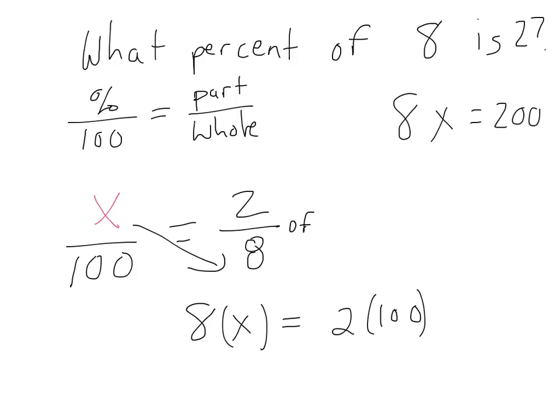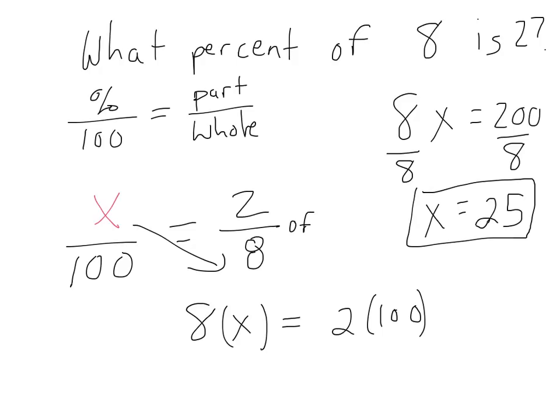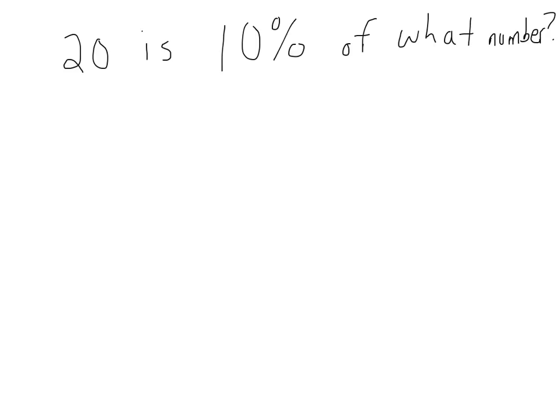And you divide by 8 on both sides. And you can see that x is equal to 25. And this is talking about a percentage, 25%. Sweet. Let's keep going.